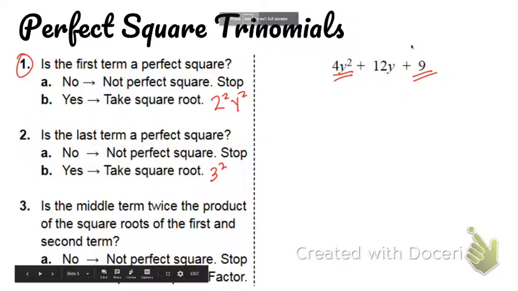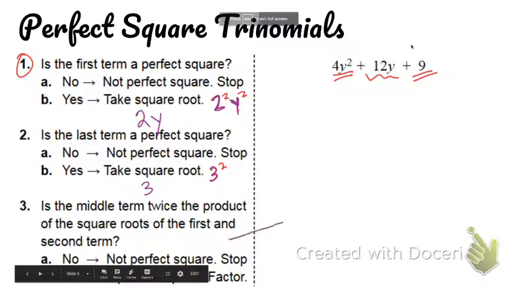And then, is the middle term, 12y, twice the product of the square roots of the first and the second term? So in that first term, we said that we are squaring 2y, right? In the second term, we're squaring 3.